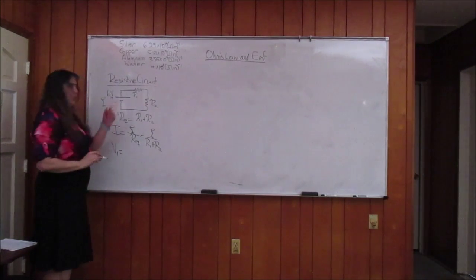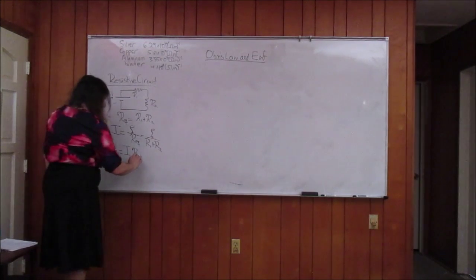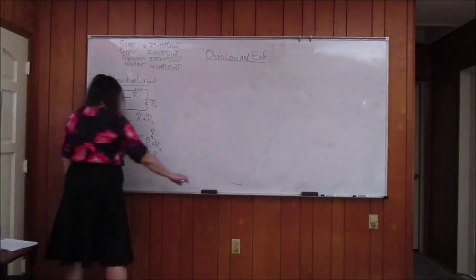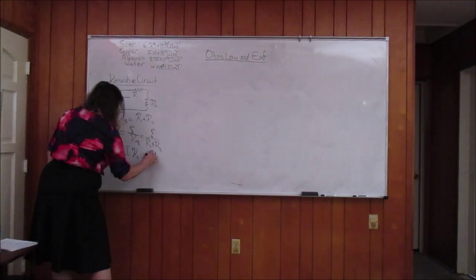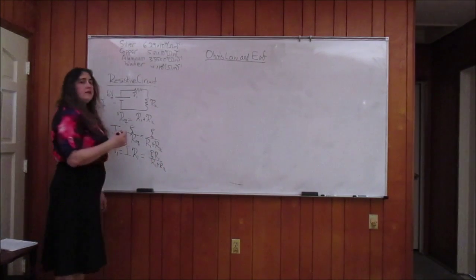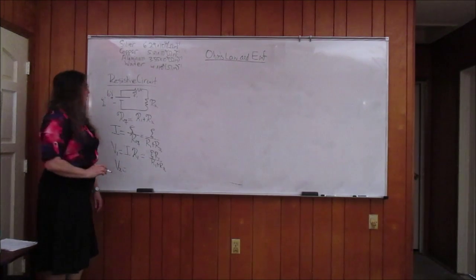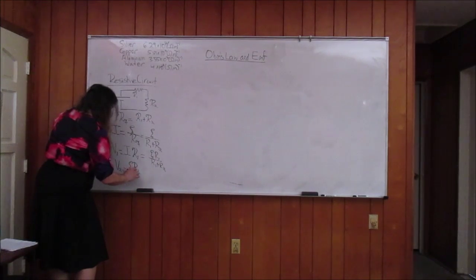The potential drop across R1 is just equal to the current that flows through it times its resistance. And a similar expression for the potential drop across R2. That's just going to be EMF times R2 over R1 plus R2.